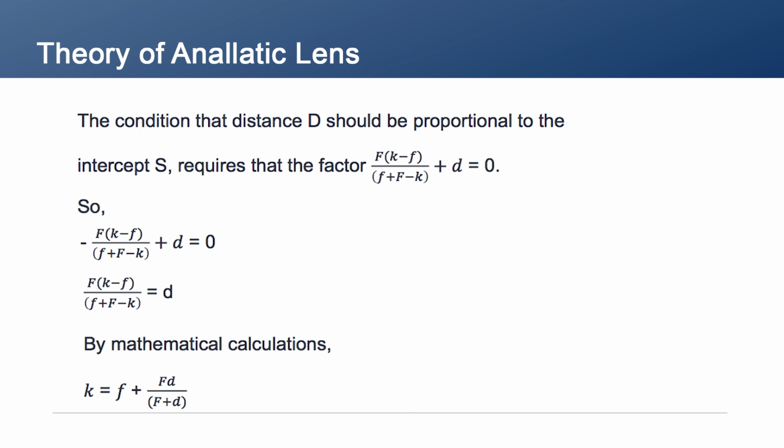So, minus f k minus f by small f plus capital F minus k plus D will be equal to 0, from which we arrive capital F into k minus f by small f plus f minus k is equal to D. From this, we arrive by means of mathematical calculation the value k. K is equal to small f plus f d by f plus D.